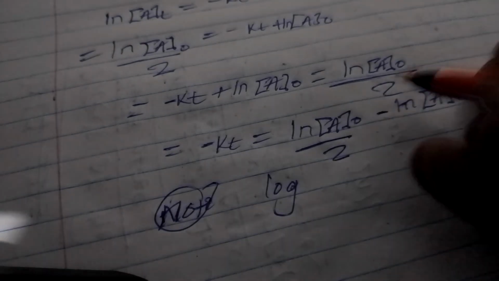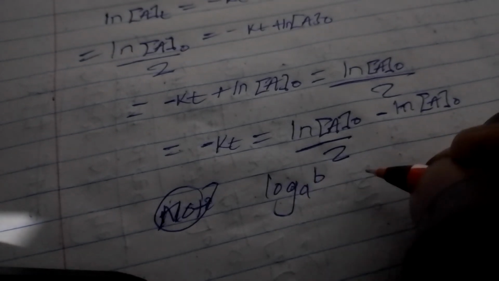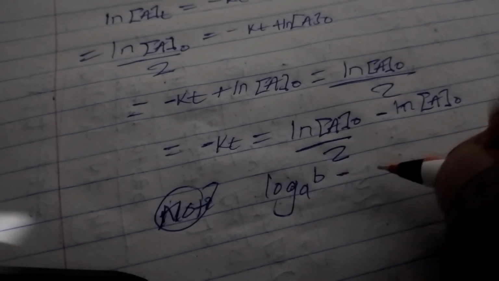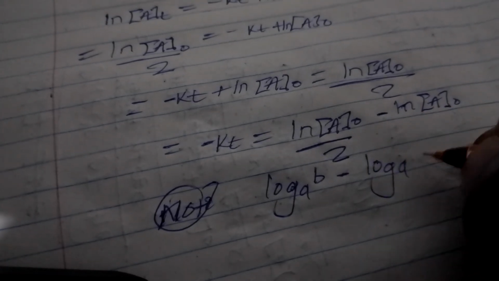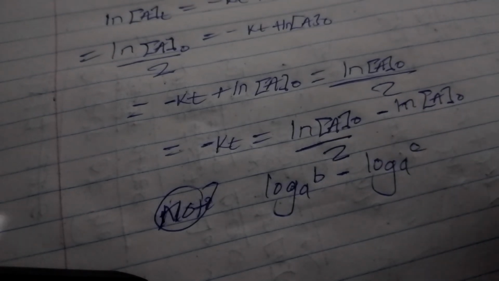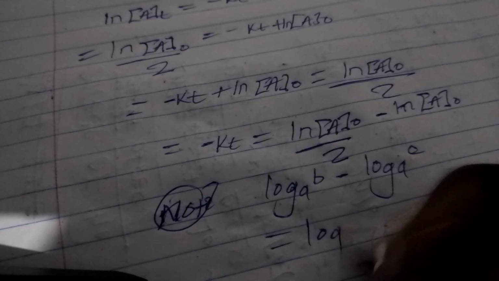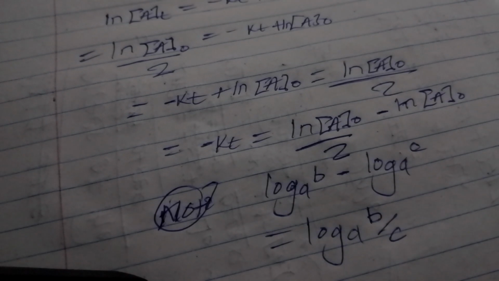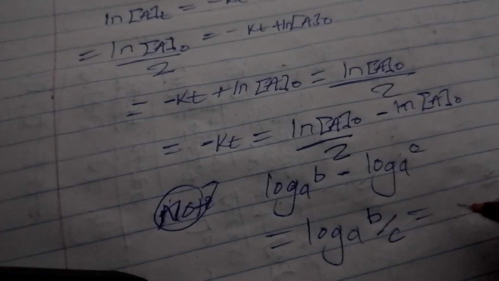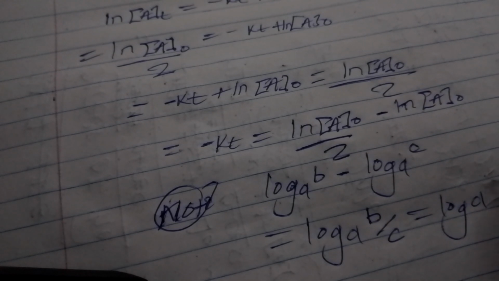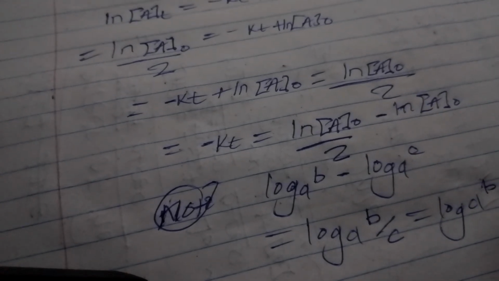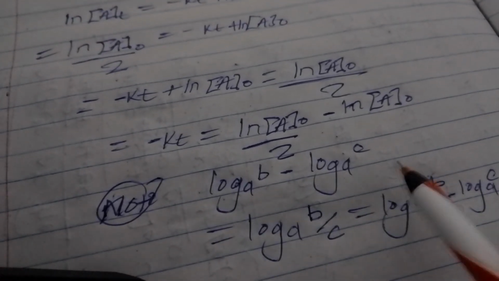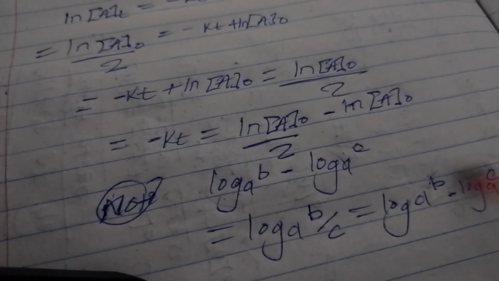If we have the log of A base A, the log of B base A minus the log of C base A, that means to say, the same applies with the log of A base B over C. So this same applies with the log of B base A minus the log of C base A. So this same applies with this, or this same applies with this.